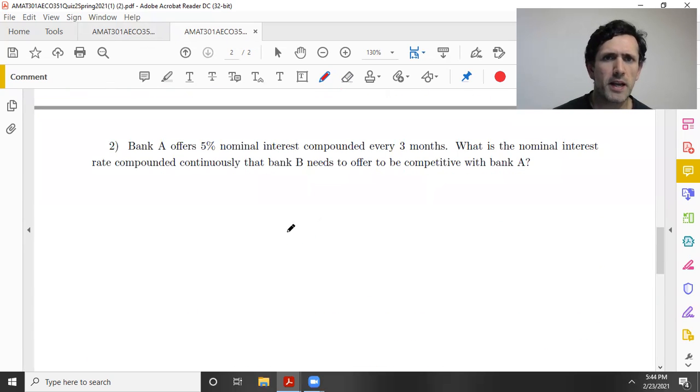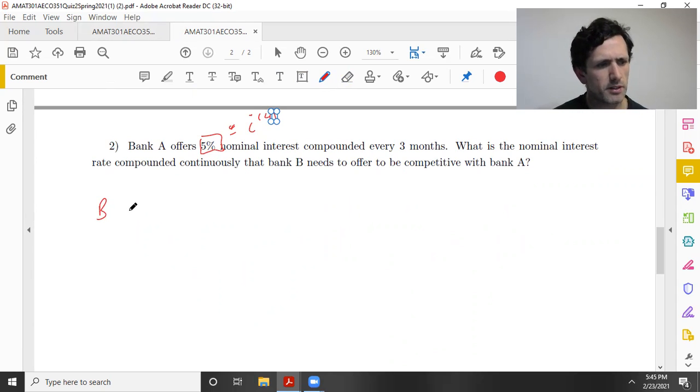So instead, let's say Bank A offers nominal interest of 5% compounded every 3 months. So this is the percentage for I4. Let's write down Bank A. Same way of doing this: let's get the equivalent effective annual interest rate.